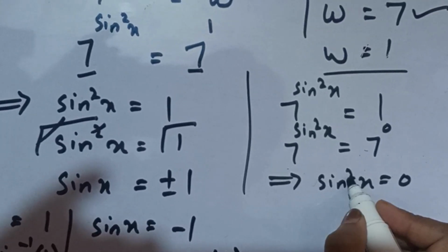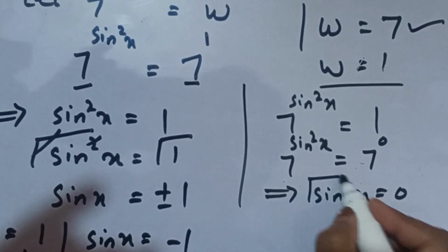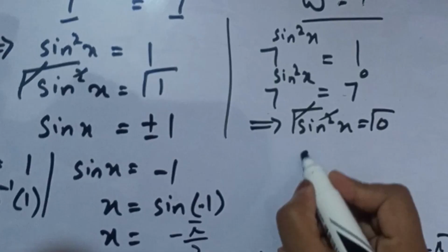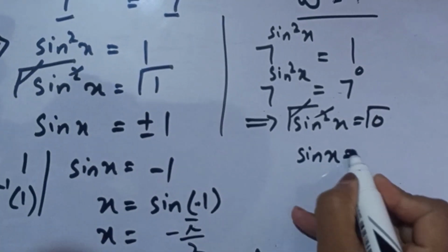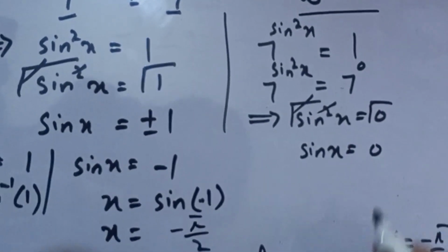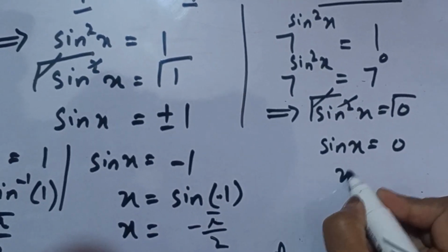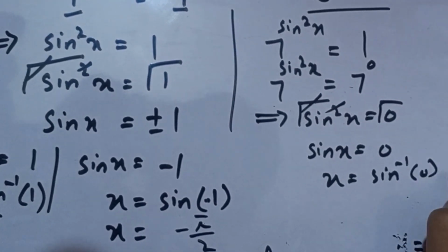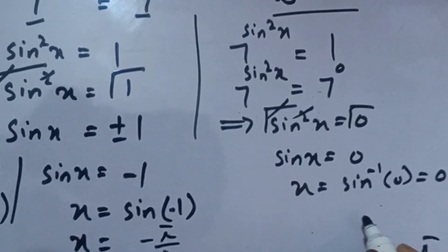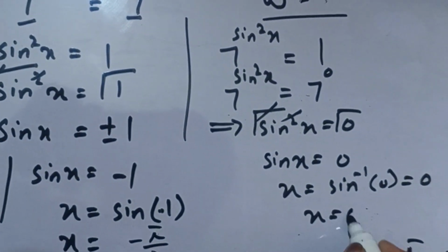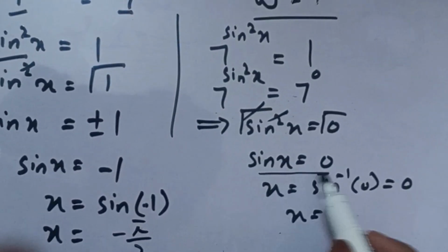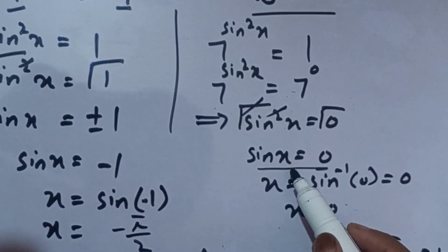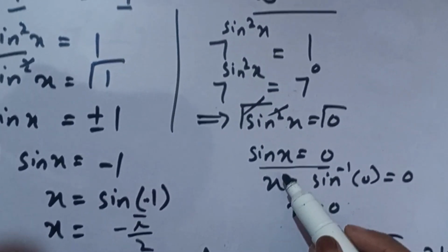To remove this square, we take a square root on both sides of this equation. So this square and square root will cancel. So sine x is the square root of 0, which is 0. Now we write this as x is equal to sine inverse of 0, and sine inverse of 0 is equal to 0. So in this case the value of x is 0, and sine is positive in the first and second quadrant.